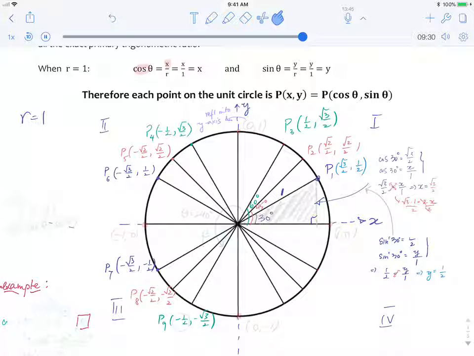So let's say I want cos of 240. Which quadrant would I look in? 1, 2, 3. So I know it's in quadrant 3. And which coordinate am I going to use?